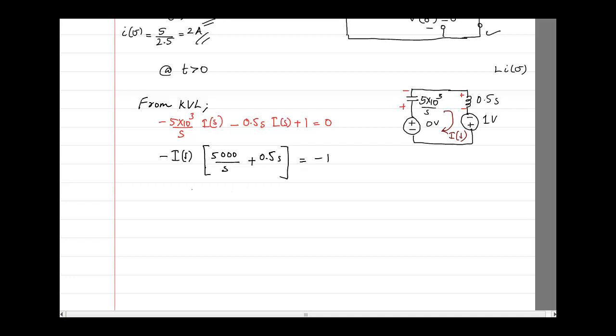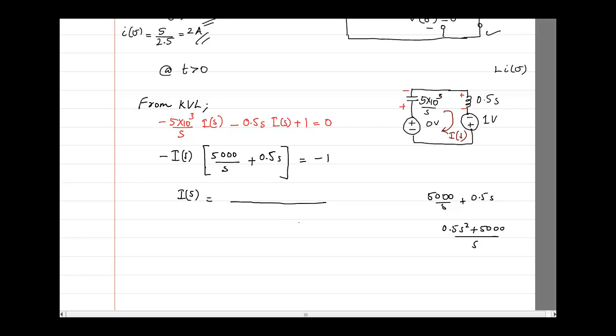The minus minus will cancel and I will get I of s is equal to 1 divided by, in the denominator, 5000 by s plus 0.5 s, where I can cross multiply and get 0.5 s square plus 5000 divided by s.